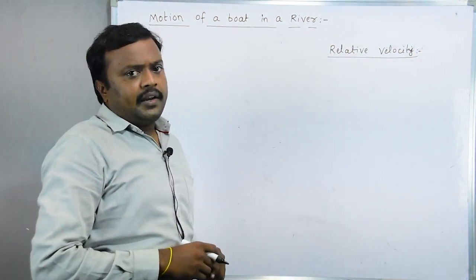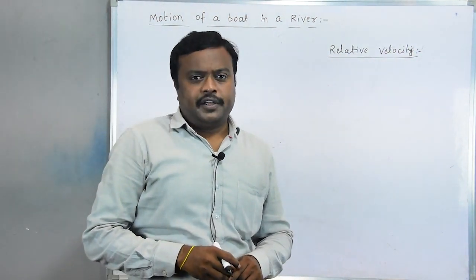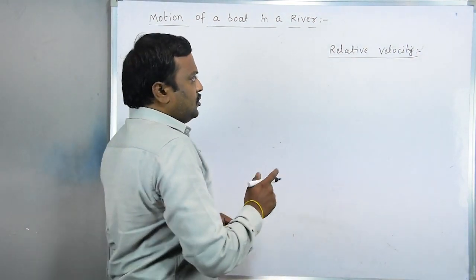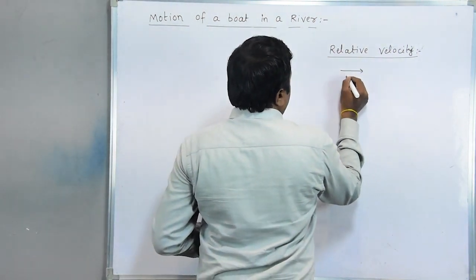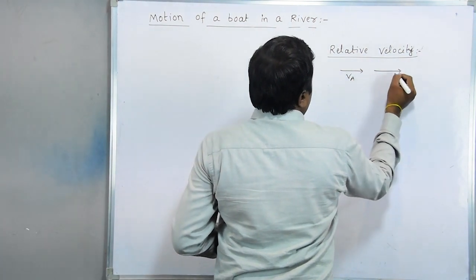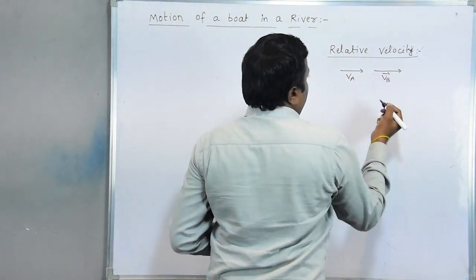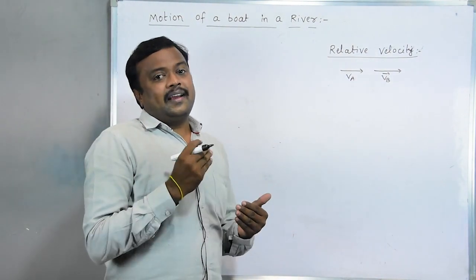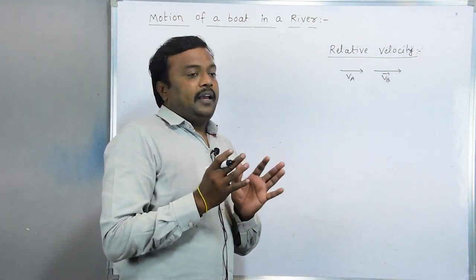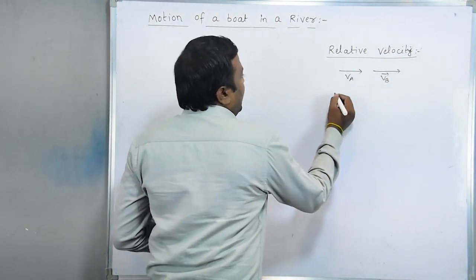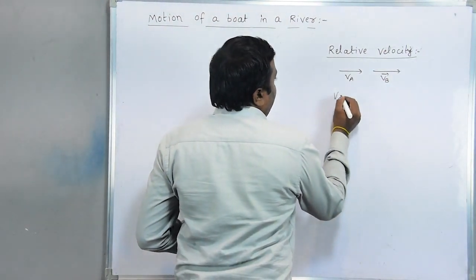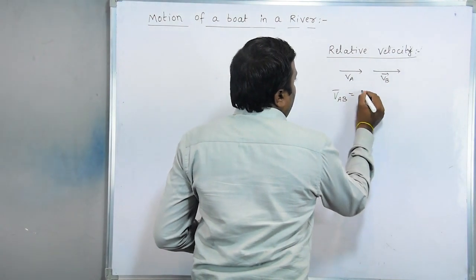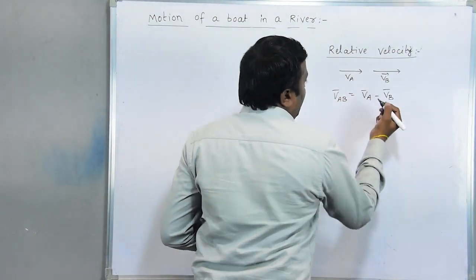Velocity of one body with respect to another body. Suppose two bodies are moving with velocities VA, VB in the same direction or with some angle in the same plane, then VAB bar, how we can write in vector form? VA bar minus VB bar.